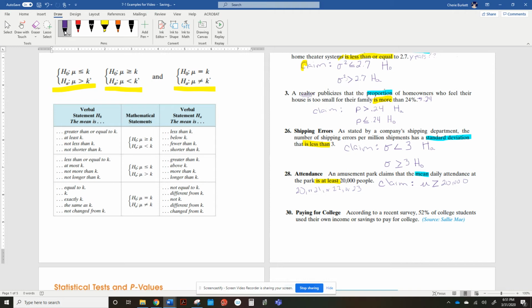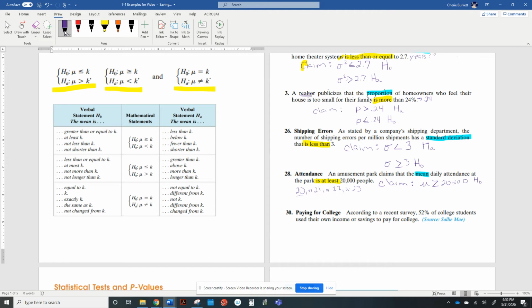At least, it could be 20,000, so that contained this number right here. So we have the bar. Since we have the bar, it contains the inequality, and that's going to be our null. What's the opposite of at least 20,000?